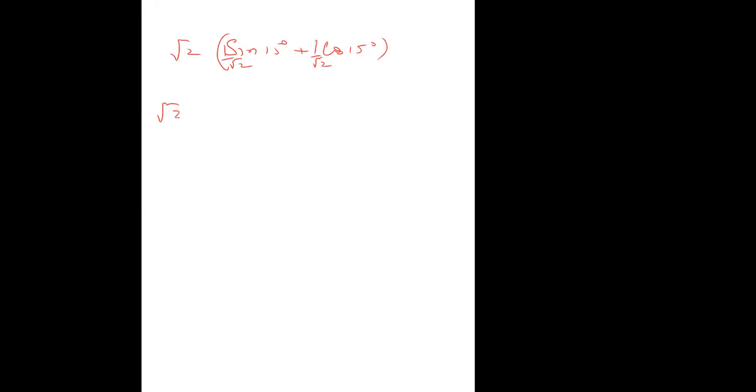So this is root 2 times cos 45 sin 15 plus sin 45 cos 15. Sin A cos B plus cos A sin B will be sin A plus B. So root 2 sin 60 degree is root 3 by 2 under root 3 by 2. Okay.